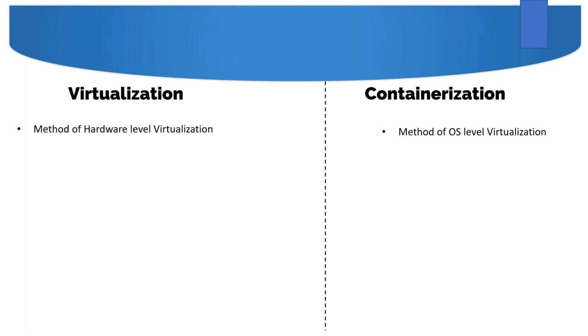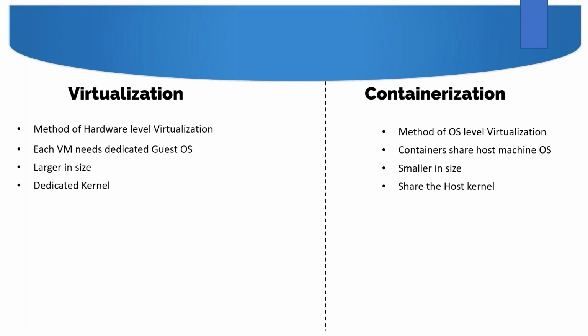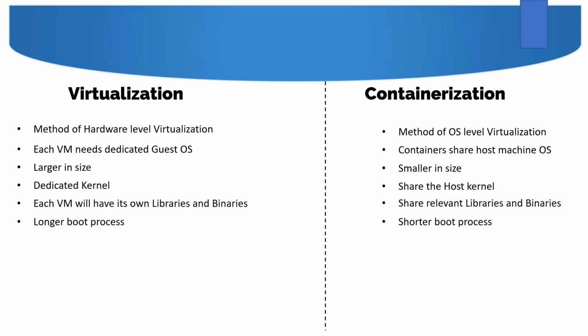It's a method of hardware level virtualization, and each VM needs its own guest operating system. That's where my application becomes quite hectic, larger in size, with a dedicated kernel. Each VM will have its own libraries and binaries. Because of a whole guest operating system, it will take a longer boot up process, more time for creation, and consume more resources.